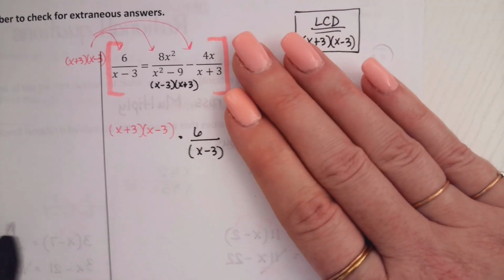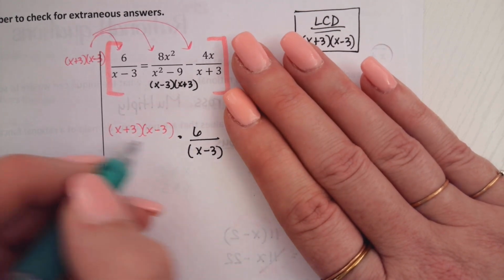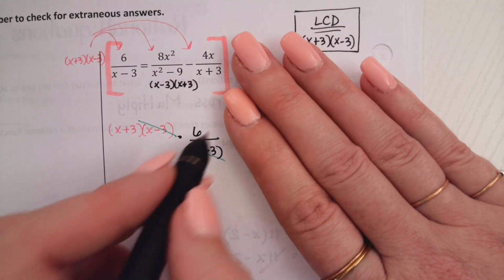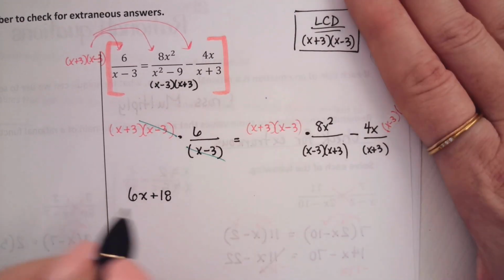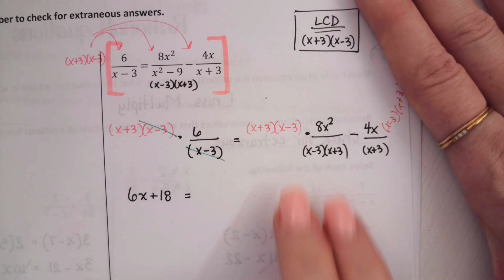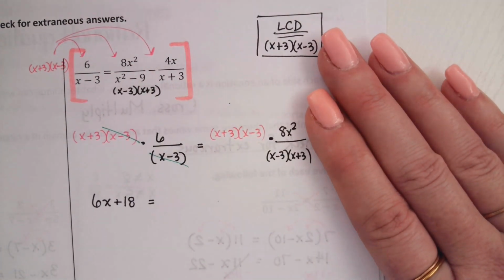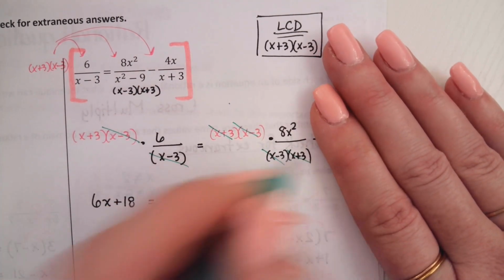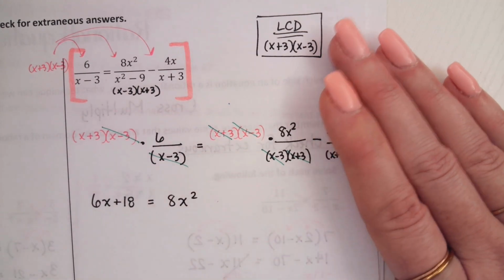For the left side of the equation, what all is going to cancel? x minus 3, right. And we're just going to be left with 6 times x plus 3, which would turn into 6x plus 18. Good job. And then we have an equal sign for this middle term. What cancels? Yeah, the entire denominator, and leaves us with just 8x squared. Okay.